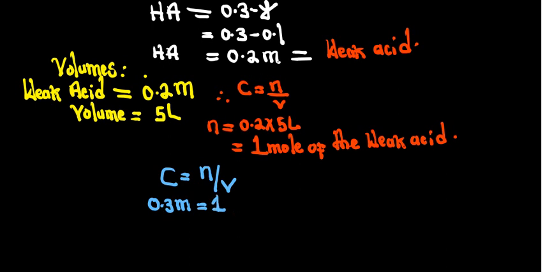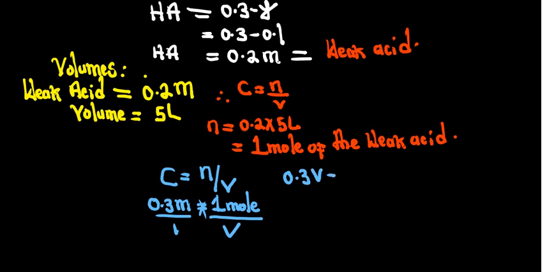So in this 1 mole of the weak acid, and then the citrate buffer solution had a concentration of 0.3. What is my volume in there? So what are you supposed to do here? You just cross multiply. And when you do that, you're going to have 0.3V equal to 1.